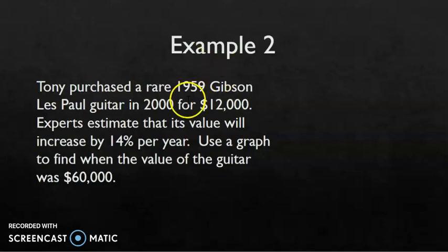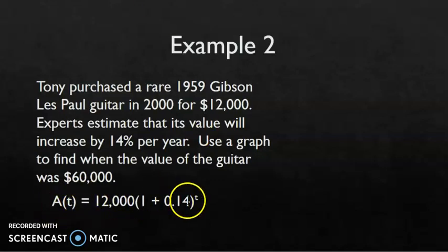Notice my initial amount is 12,000. Okay, the value is increasing by 14% per year. So using that model, we will have 12,000 times, in parentheses, 1 plus 0.14, close the parentheses, to the t power. And this is what it would look like.